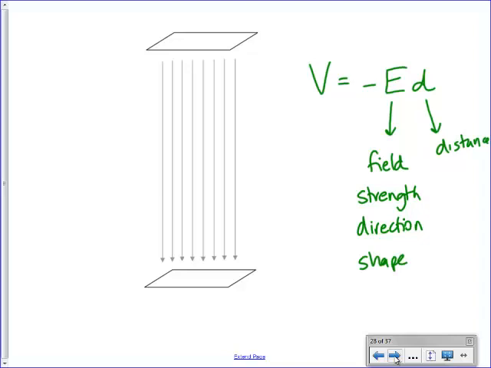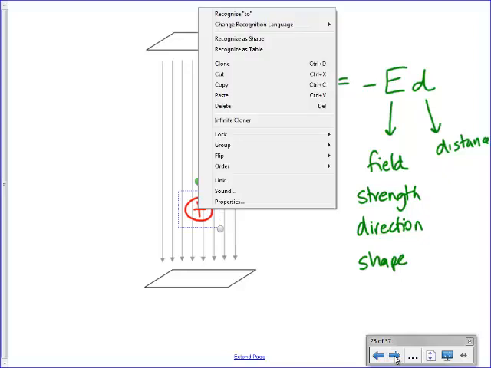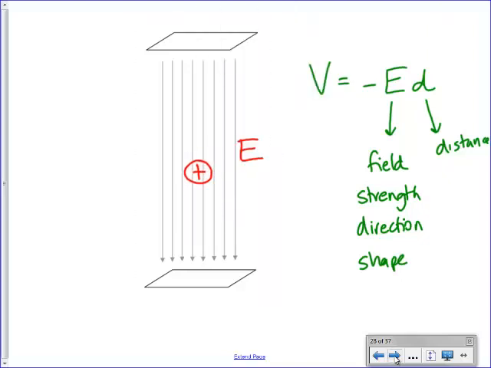And the idea here is that if I take a test charge in the field, and if I know the strength of this field, when I take that charge and move it, it's going to gain some potential energy. And what's really powerful about this idea of voltage is it doesn't matter if I'm working with one charge or working with a whole bunch of charges.